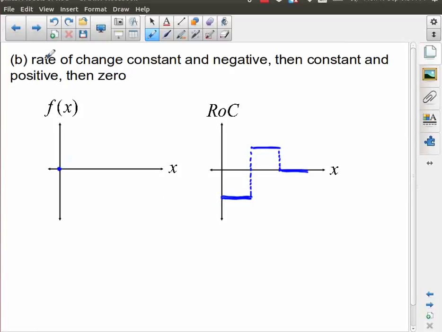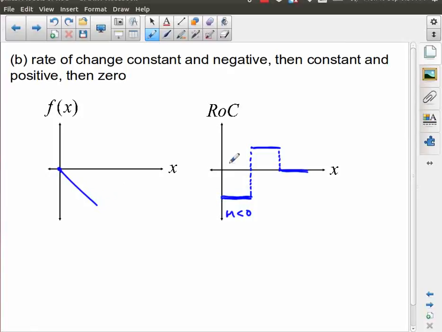This means the rate of change started at constant and negative. This means my slope is negative. My slope is less than 0. So what does a negative slope look like over here? That's going to be, and it's constant, so that's going to be a straight diagonal line down to the right, a negative slope. Then it changes over to positive.